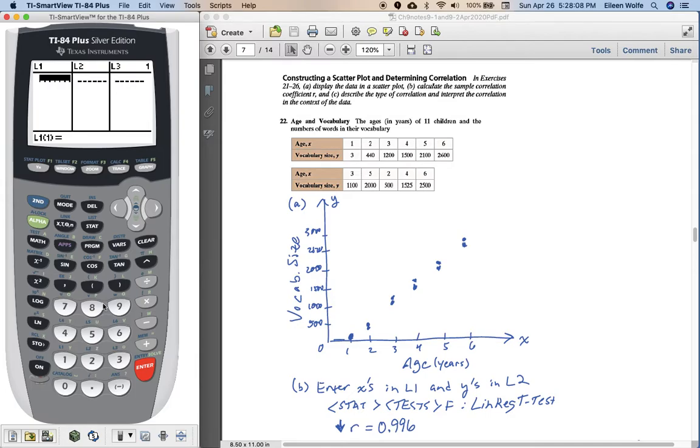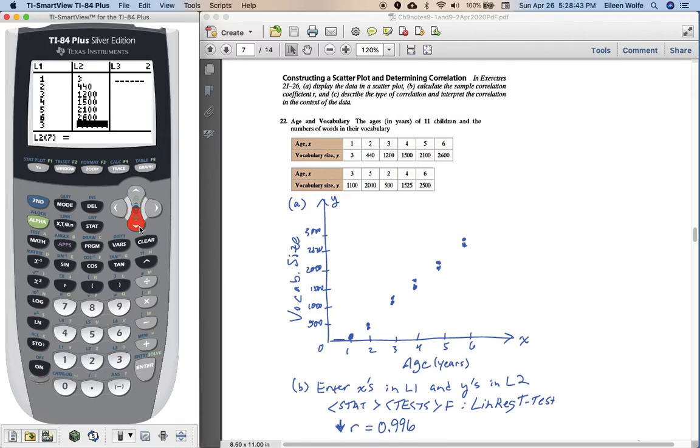All right, so the ages in the data set. Okay, and then the second list has something called vocabulary size. Oops, goofed here. Let's go fix that. That was 2100, 2600.